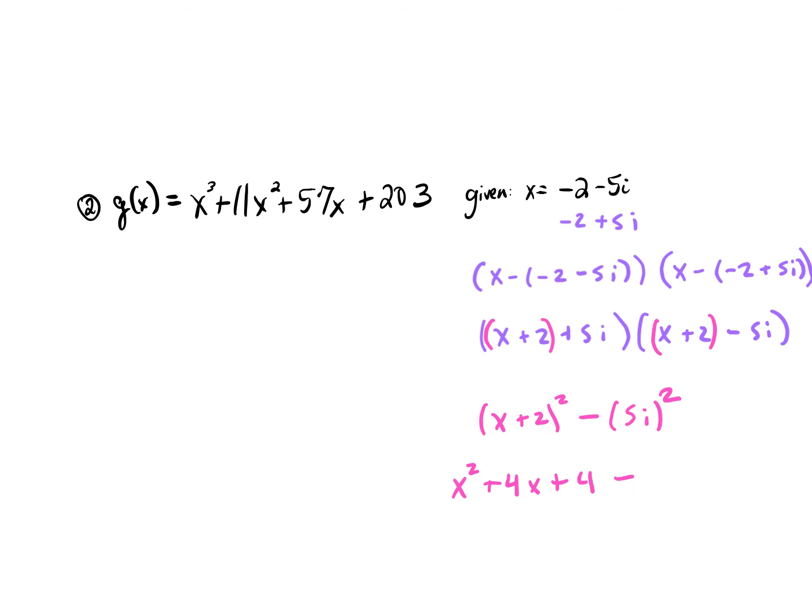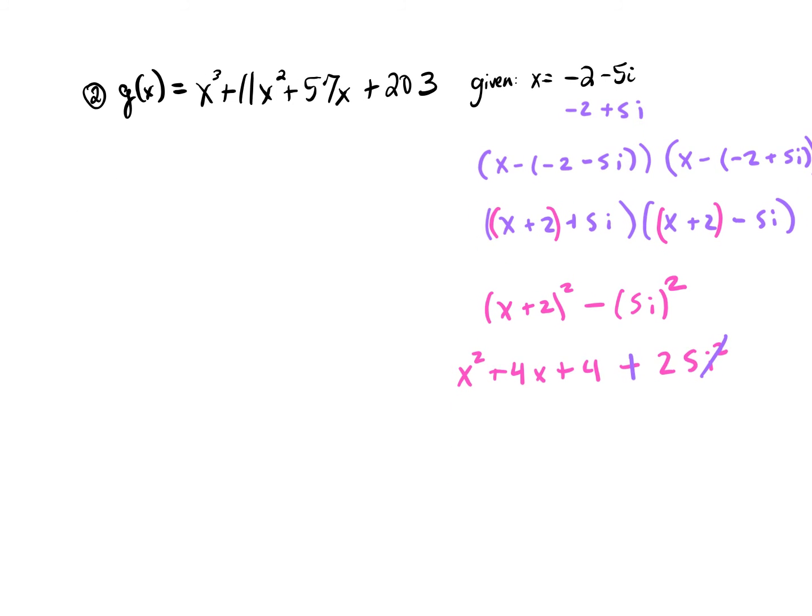And then this would be minus 25i squared. And what does the i squared turn into? Negative 1, so that would become plus 25. So this is x squared plus 4x plus 4 plus 25, which 4 plus 25 would be 29. So this is one of our factors here.